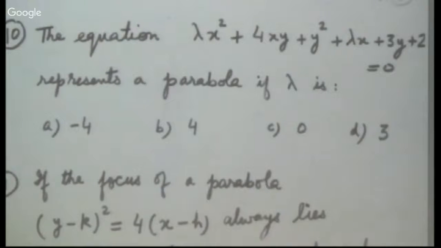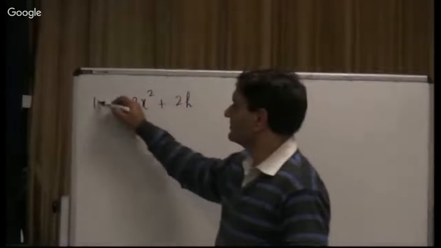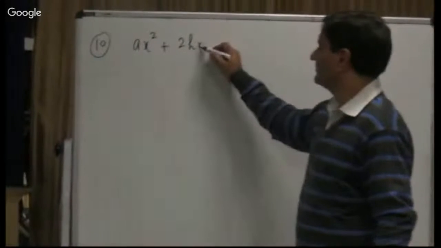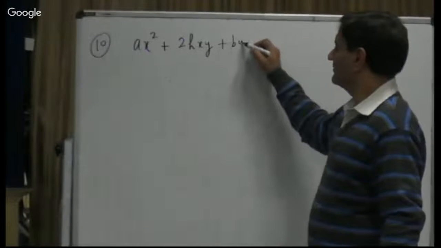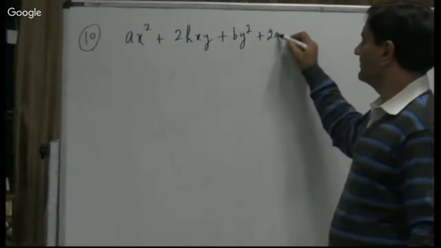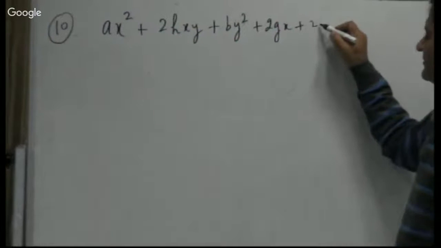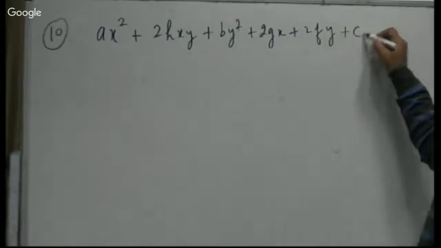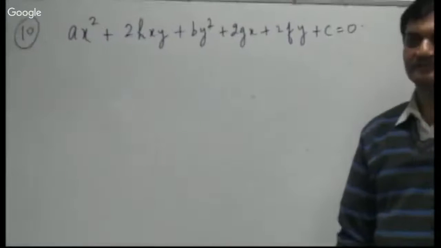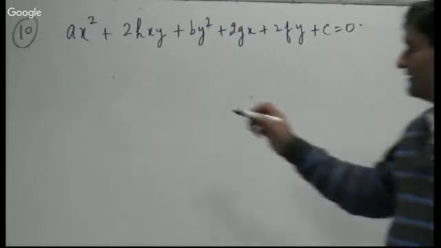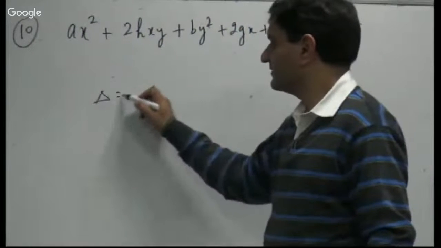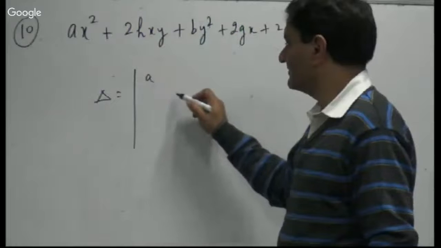See, first of all, there is a condition for the general equation of second degree to represent a parabola. First, the general equation is ax square. Now there is a determinant delta which you can write like this.